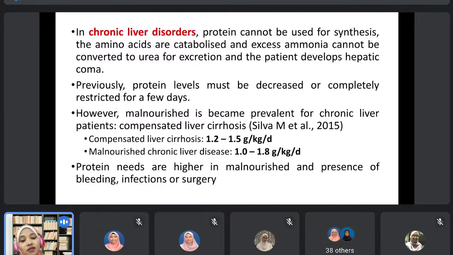And chronic liver disease patients who look malnourished, either from their physical examination, their dietary intake being very poor, or their biochemical profiles also very poor, you could give them between 1.0 to 1.8 gram of protein per kilogram daily. The protein needs are also higher in malnourished patients and in the presence of bleeding, infections, or surgery.